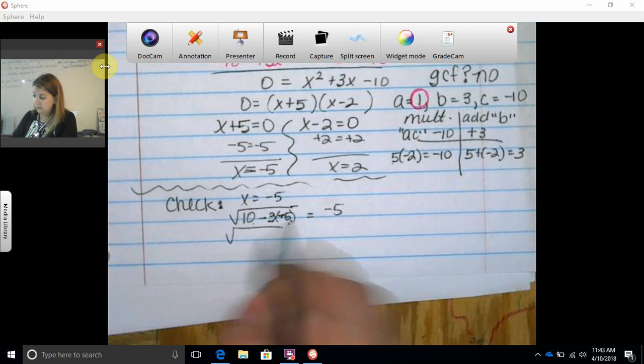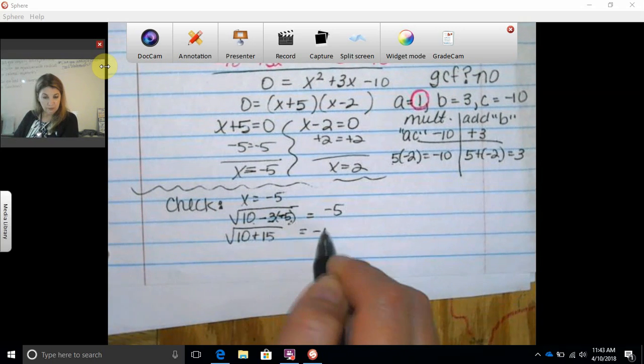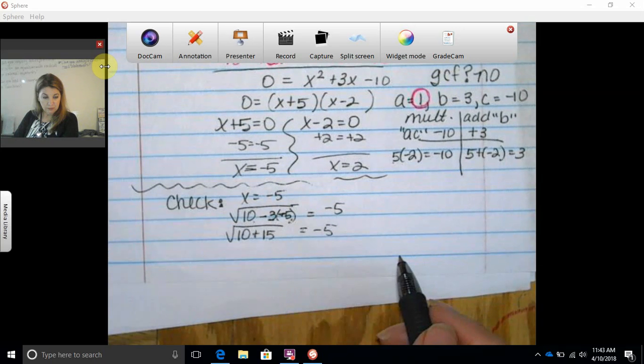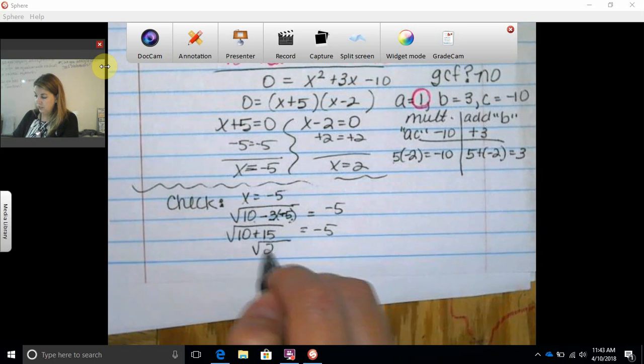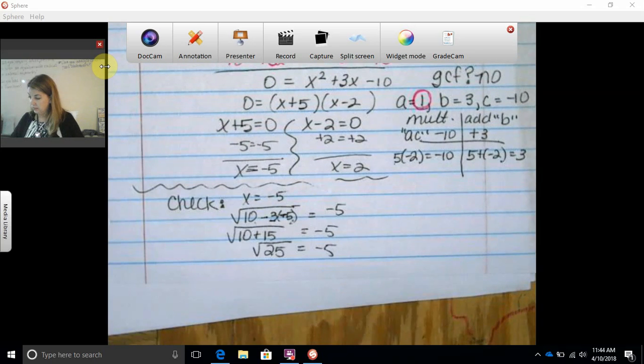Negative 3 times negative 5 is positive 15. That gives you the square root of 25 equals negative 5. I'm sorry. Square root of 25 is negative 5? What's the square root of 25? 5. It is 5.